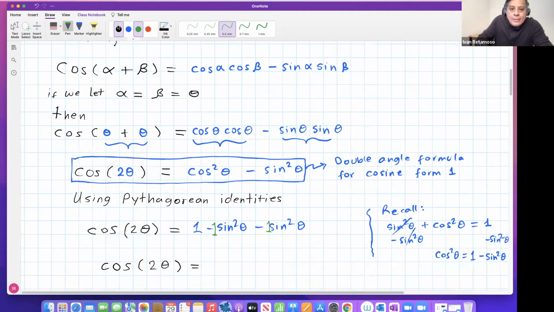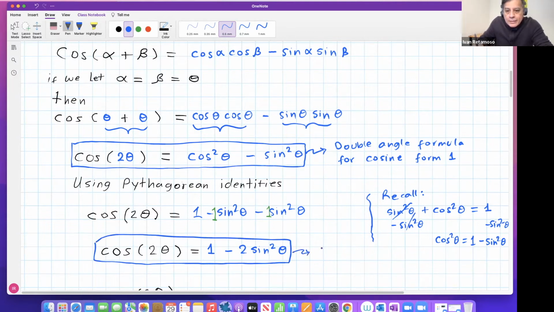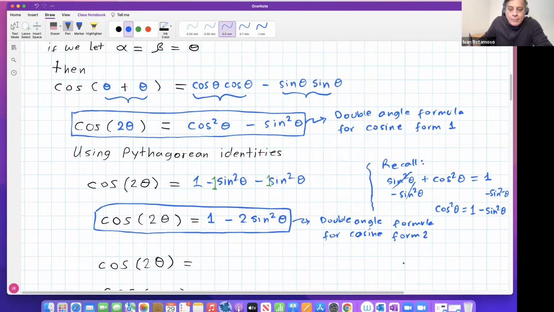So minus 1 sine square minus 1 sine square is minus 2 sine square of theta. And there you have another form for the cosine of the double angle. So let's call it double angle formula for cosine, form 2. Great, second form, right?